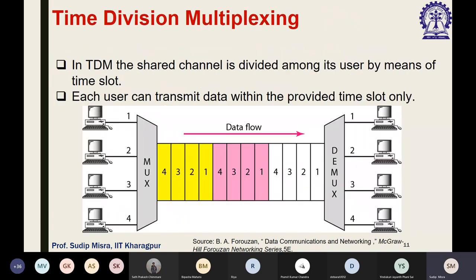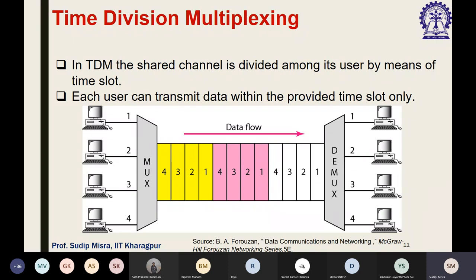Now let us talk about the other important multiplexing technique, which is called time division multiplexing. In time division multiplexing, the time domain is divided into different parts, and each of these parts, which are called slots, is used by the users according to the assigned slots. You have a shared channel that is divided between the different users.